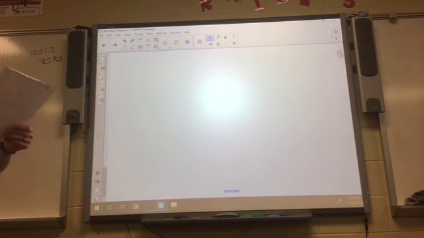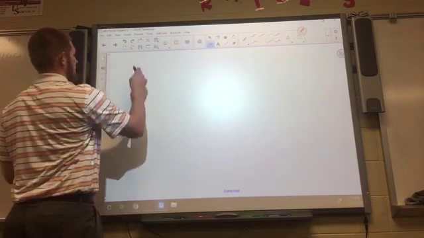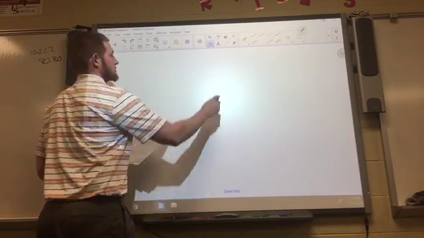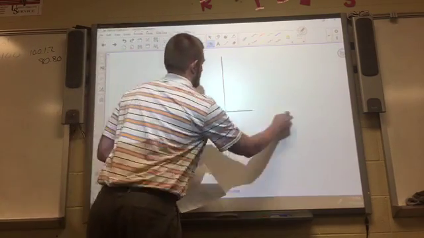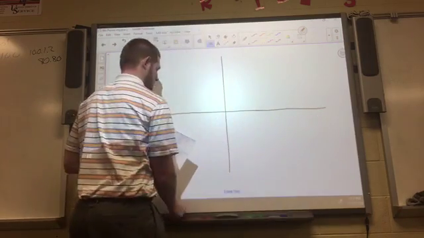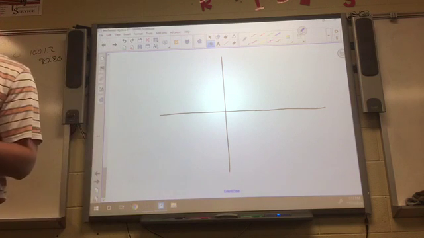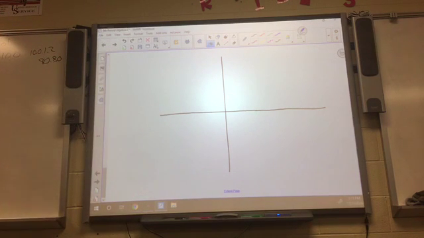The first one on the top left is saying, if my degree is odd, and actually I just want to do this. Okay, so I have a coordinate plane. If my degree is odd and my leading coefficient is positive, meaning maybe my degree is 7 and my leading coefficient is 6, does that make sense?